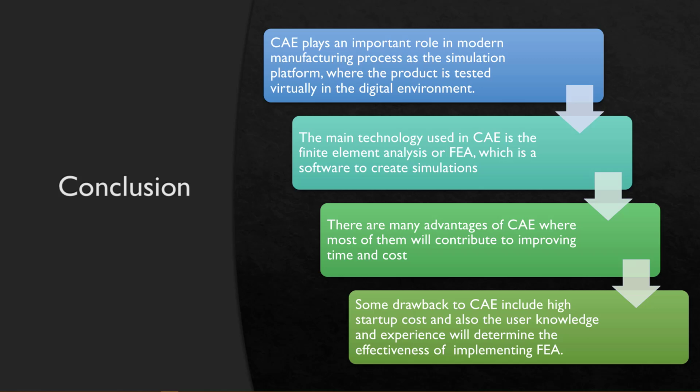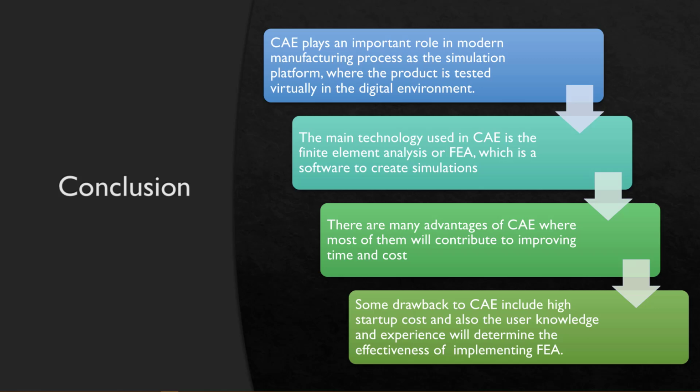Finally, as a conclusion, CAE plays an important role in modern manufacturing process as the simulation platform, where the product is tested virtually in the digital environment. The next conclusion that we can make is the main technology used in CAE is the finite element analysis or FEA, which is a software to create the simulations.